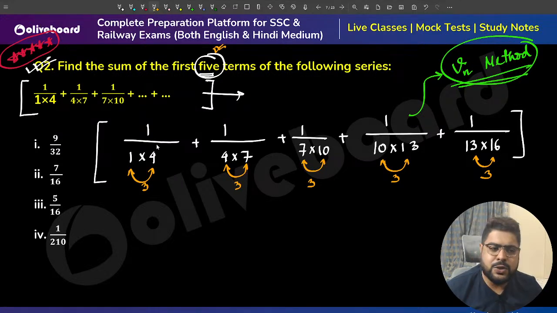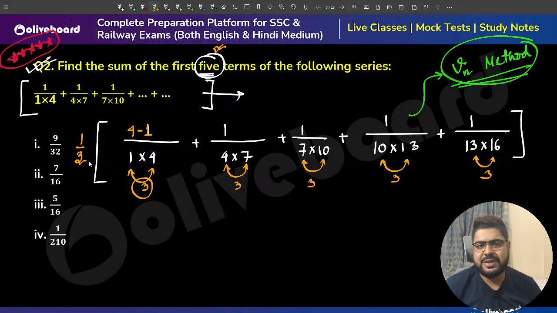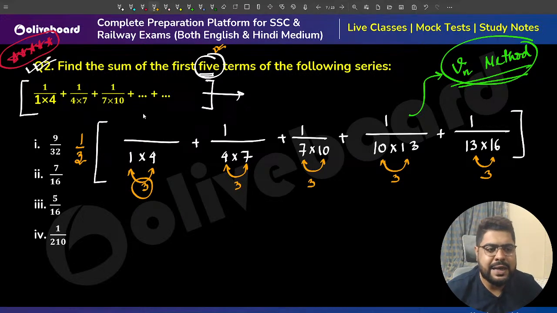So if this is 3, on top I can write this as 4 minus 1, and I can take 1 by 3 common. Everywhere I am writing 3, 3, 3.